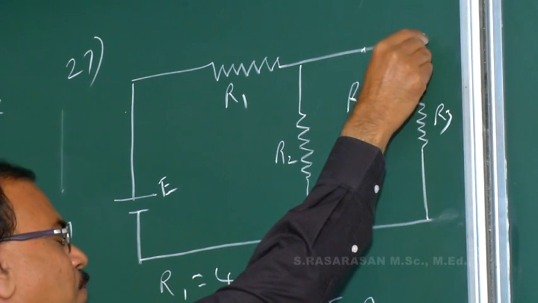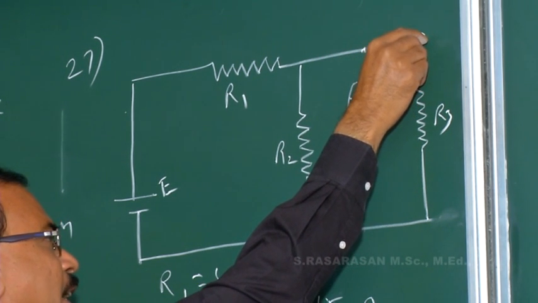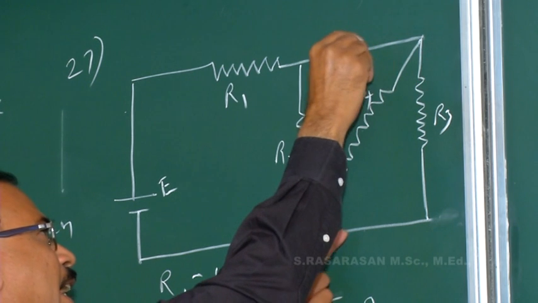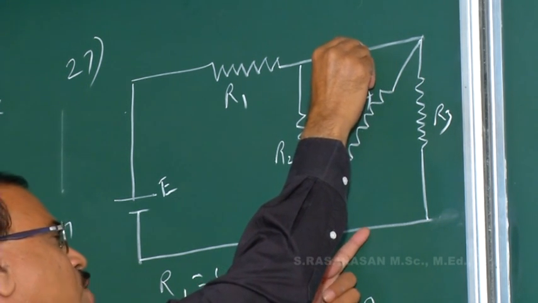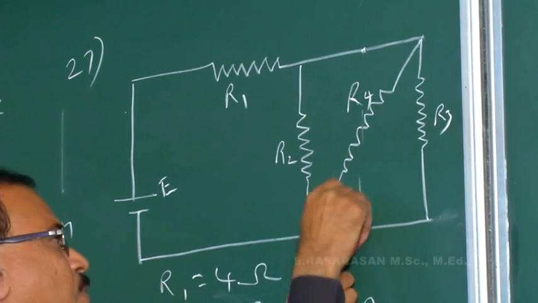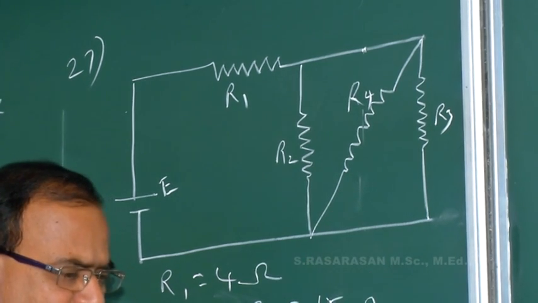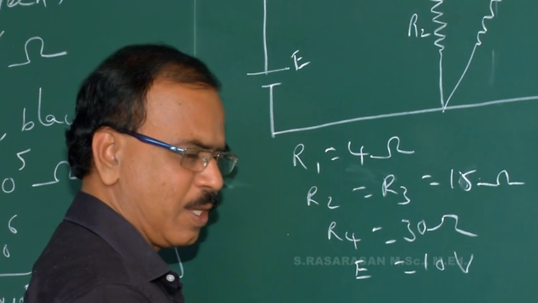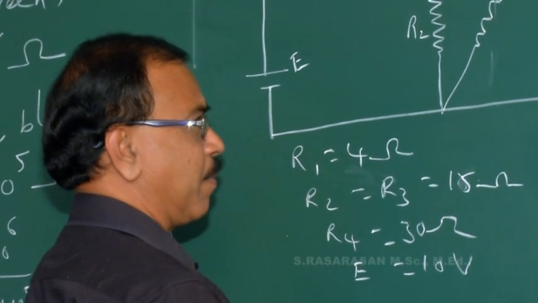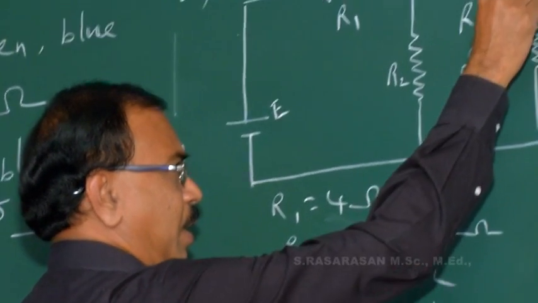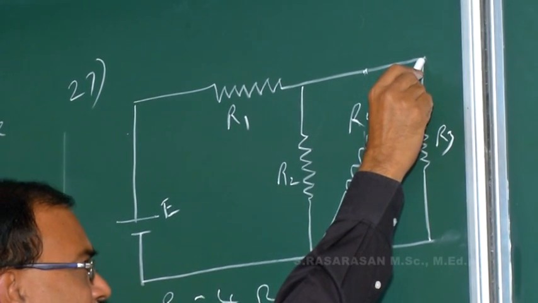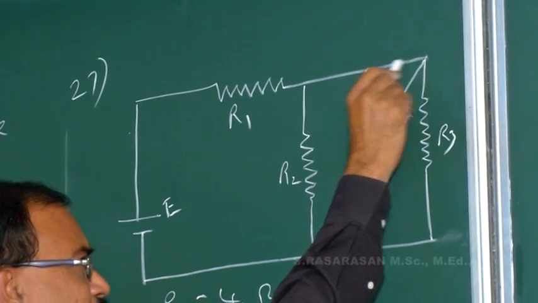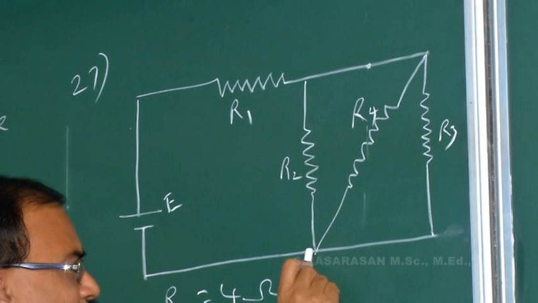The resistance R4, instead of connecting diagonally here, we can connect the same resistor in this way. This is the resistor R4, meaning the circuit is not changed, the values are not changed. Instead of connecting at this end, you can bring this end at this point.